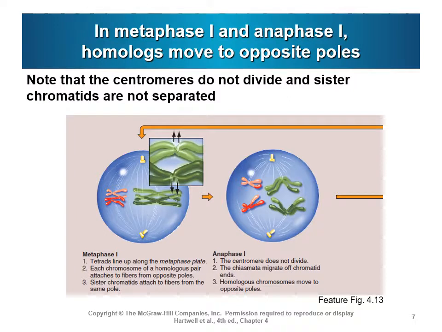And then afterwards, cells go through anaphase I, where the centromeres don't divide, and the chromosomes start moving towards the opposite poles of the cell.